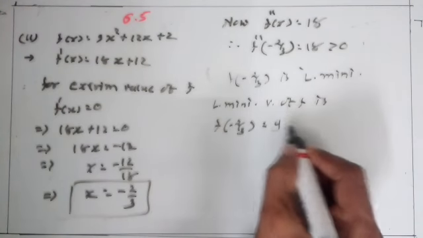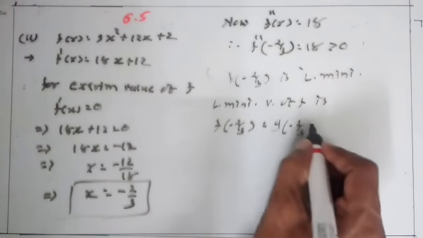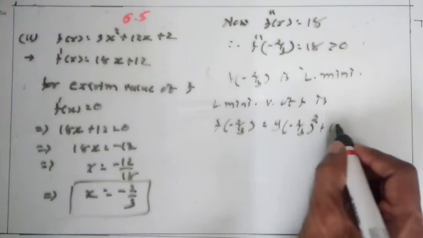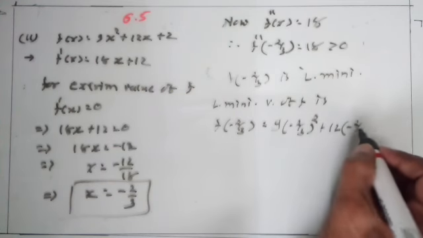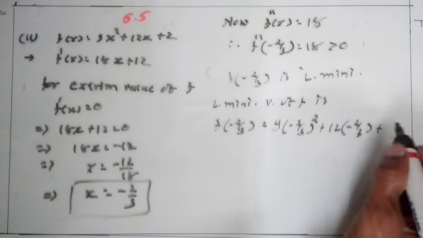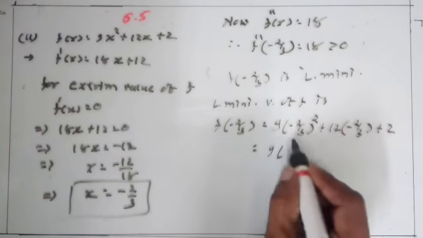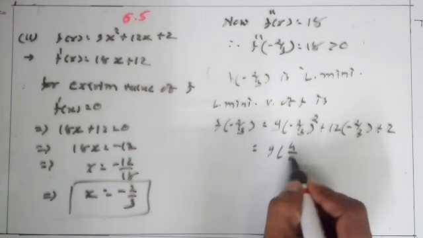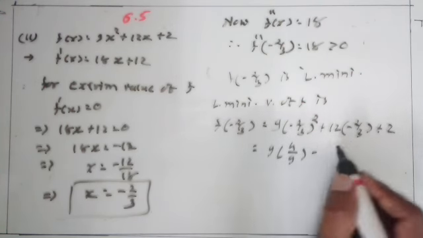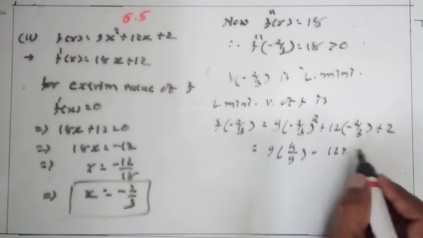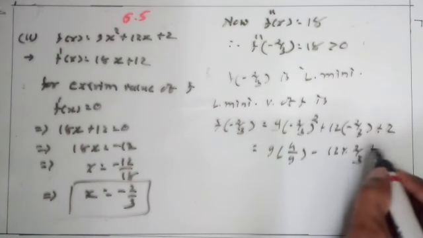function, we get 9 into (minus 2 by 3) raised to 2 plus 12 into minus 2 by 3 plus 2. Now simplify this. Here 9 into 2 square is 4 upon 3 square is 9, minus 12 into 2 by 3, plus 2.